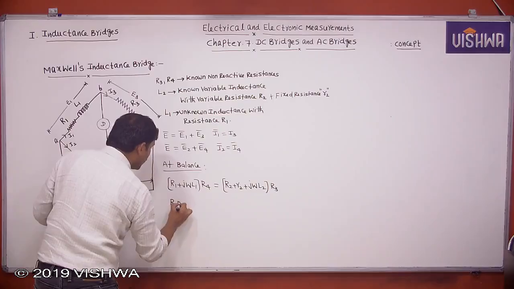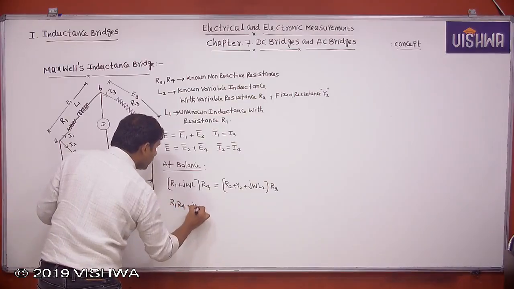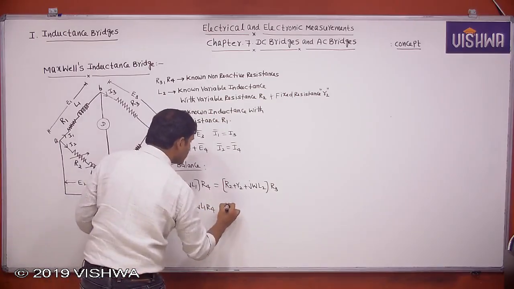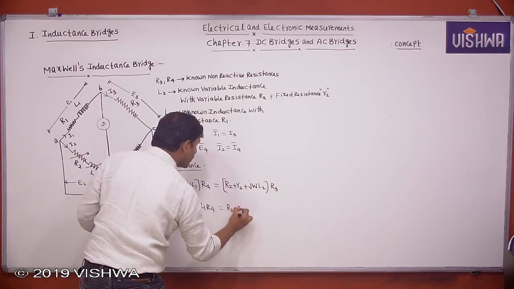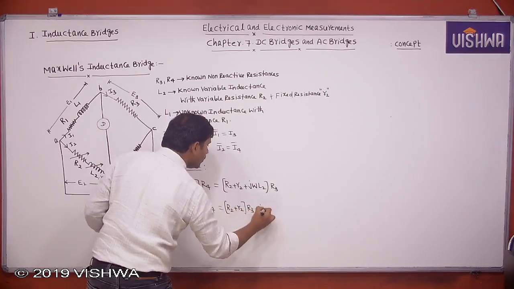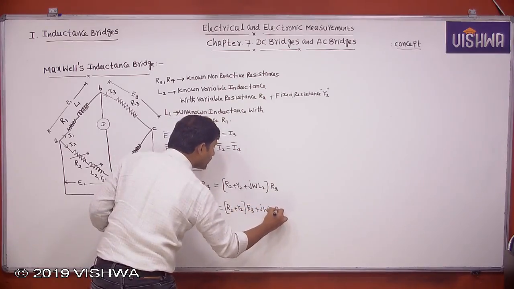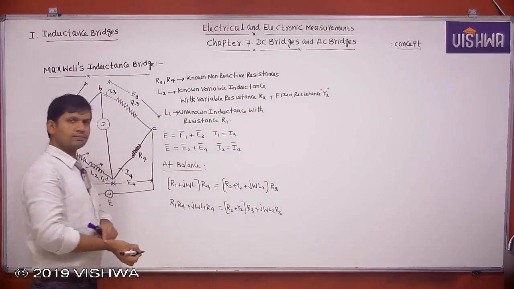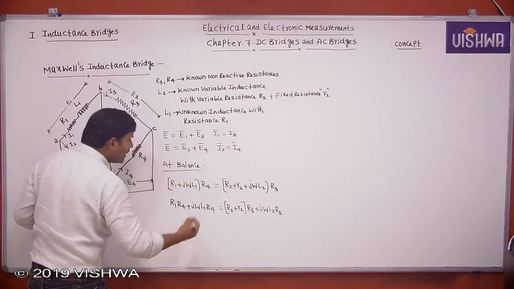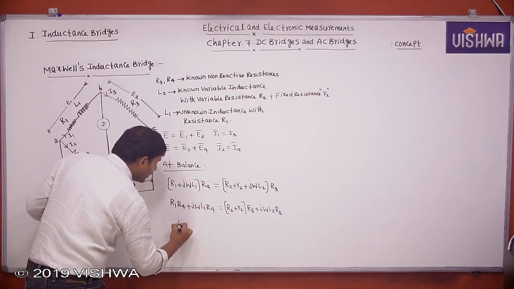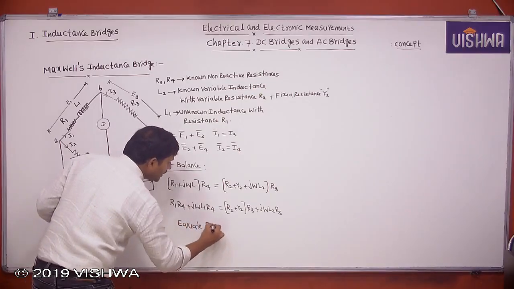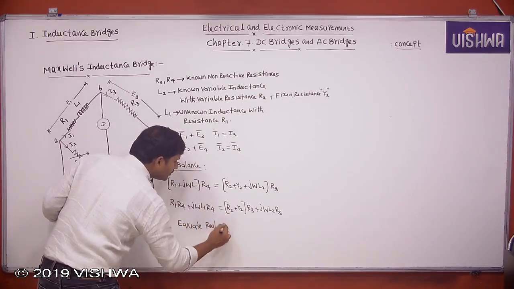R1 into R4 plus j omega L1 R4 equal to R2 plus small r2 into R3 plus j omega L2 R3. Now equate real and imaginary terms. This is the simplification.